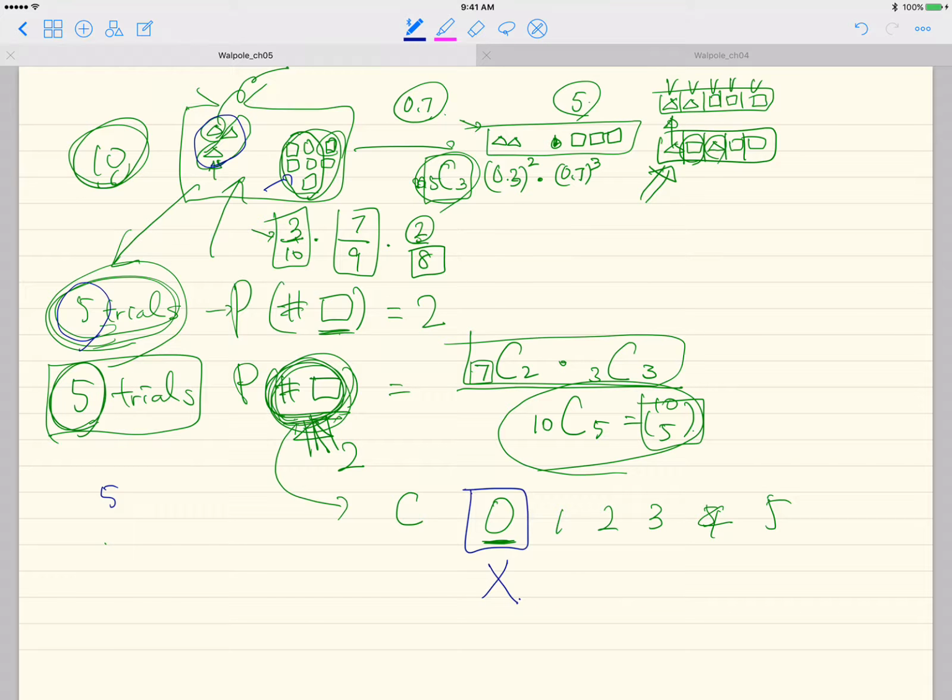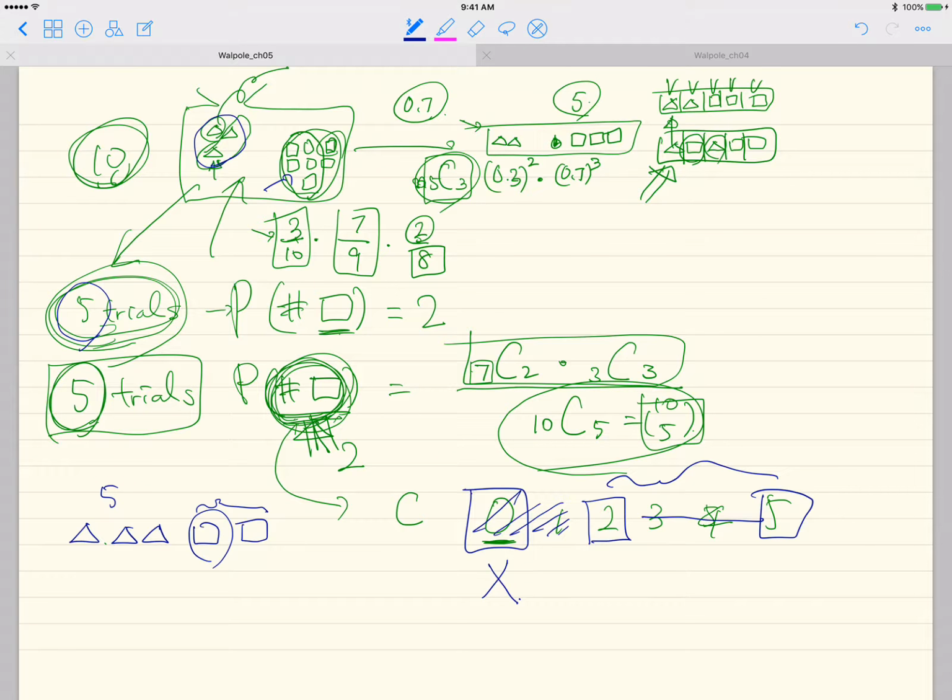So we have 5 trials, and suppose we picked up 3 triangles and there are no other triangles anymore, so we have to pick up rectangles for the remaining 2 samples. So the minimum number of rectangles will start with 2, so 2 to 5.